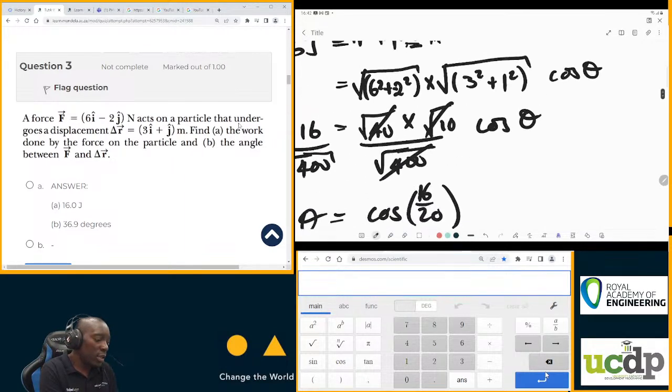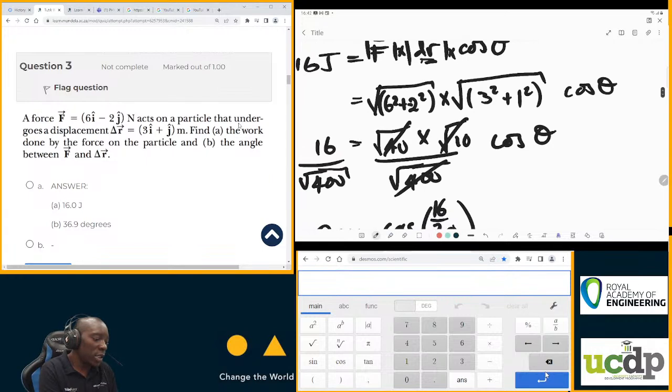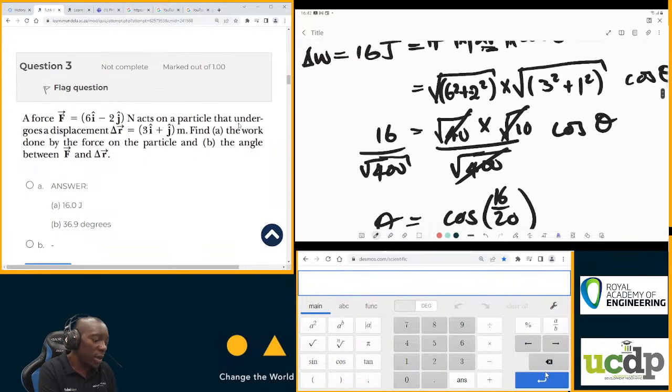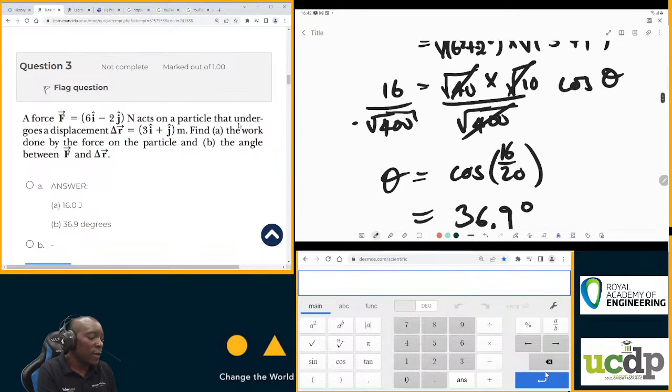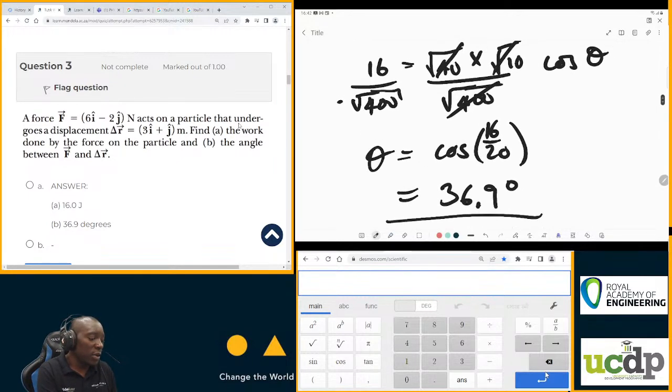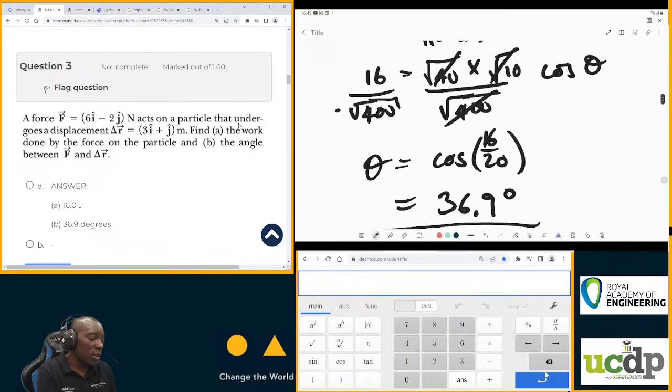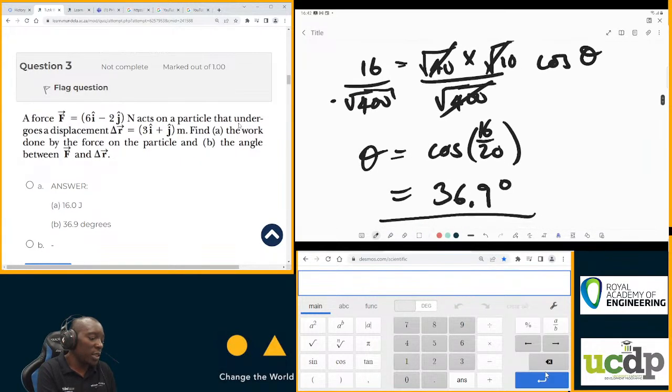And that's multiplied by cos theta, and if we divide by root 40 times root 10, that gives us cos theta equals 16 over 20. So theta will be arc cos 16 over 20, and we get that angle.